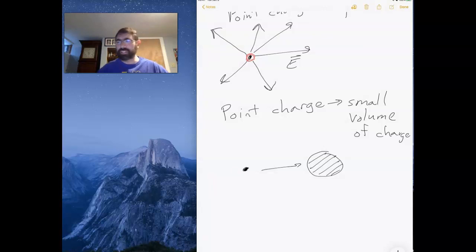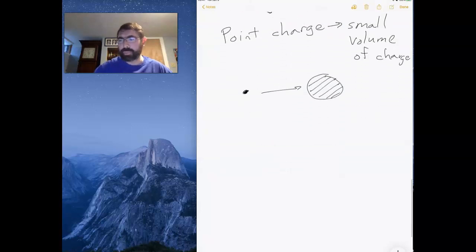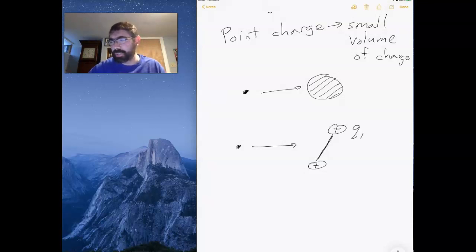And so instead, let's imagine that this point charge is more like a dumbbell with two positive charges. If it was positive and negative, they would cancel each other or be neutral. So let's say that we have two charges, Q1 and Q2, separated by some distance d.